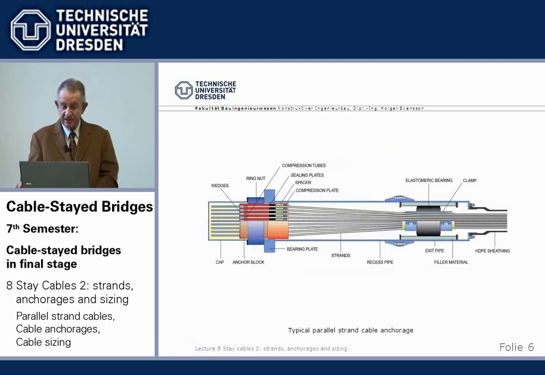Now, how do these parallel strand systems look? This is a typical DSI system. All the major fabricators in the world produce parallel strand cables. I hope I don't forget anyone.